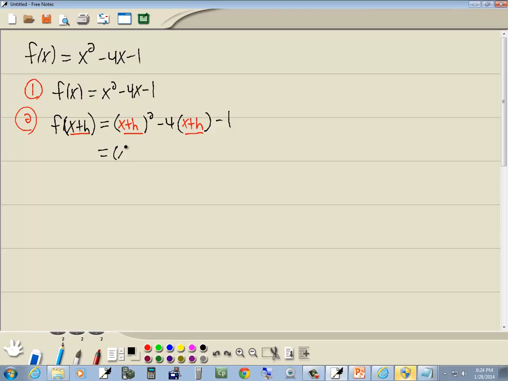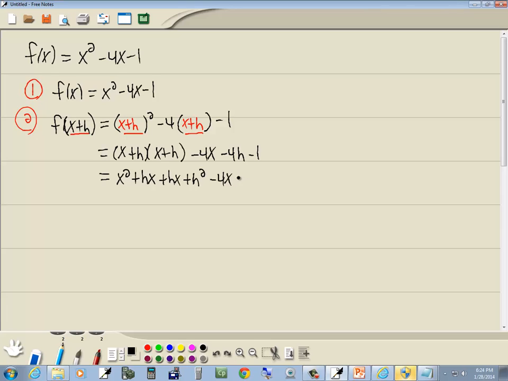Well, x plus h squared is x plus h times x plus h. And distributive property, negative 4 times x is negative 4x, negative 4 times h is negative 4h, then the minus 1 carries down. x times x is x squared, x times h is hx, h times x is hx, and h times h is h squared.